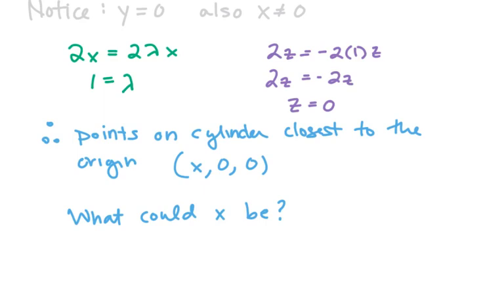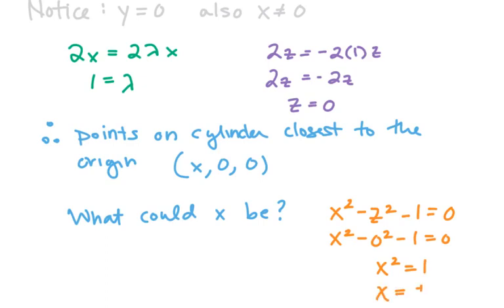Let's use our constraint. Recall, x squared minus z squared minus 1 is 0. x squared minus 0 squared minus 1 equals 0. That's going to give me that x squared equals 1, or rather x equals plus or minus 1.